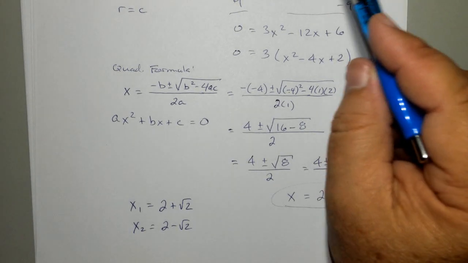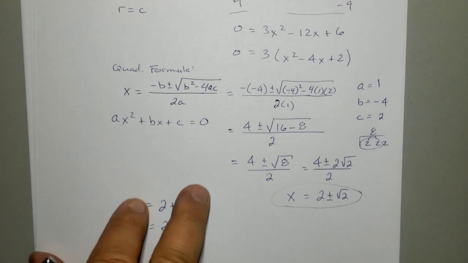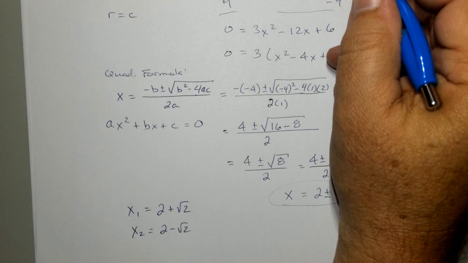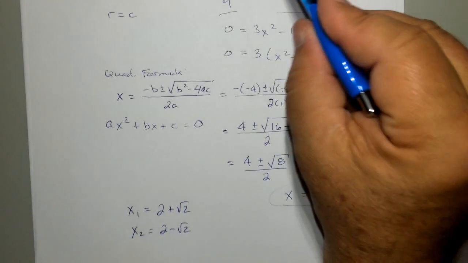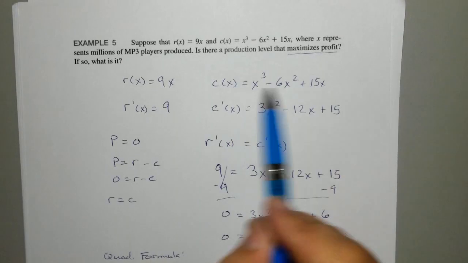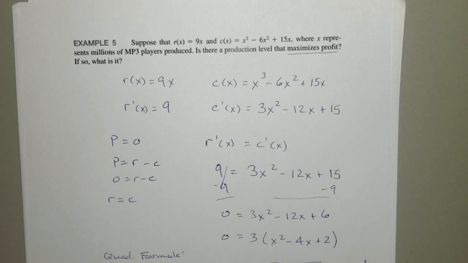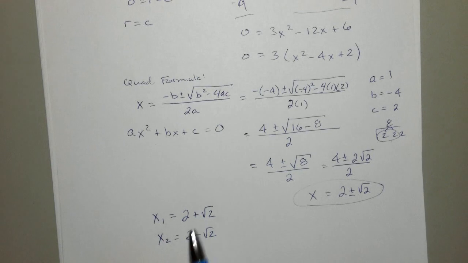But yes, it would be from 0 because it's a cubic. The original function is cubic, and if x is 0, then 0 equals 0. That's when profit breaks even. And then the other, since they're positive, it goes on to infinity. So we're looking specifically at 0 and these two values to see which one gives you the highest value in the profits.